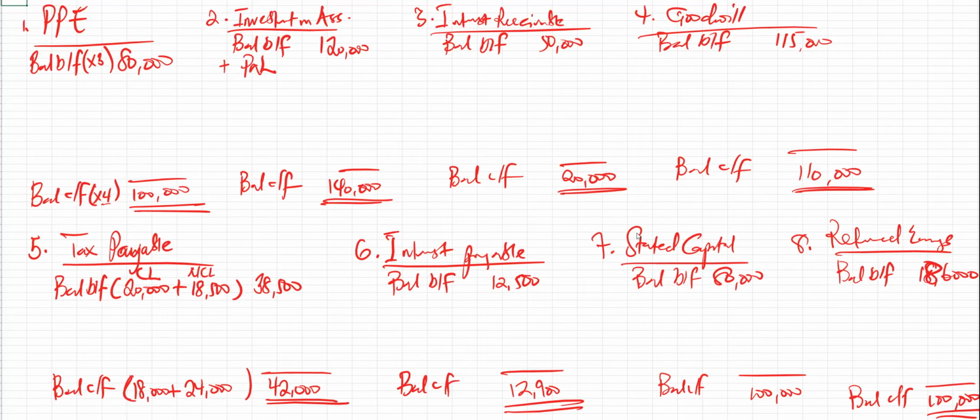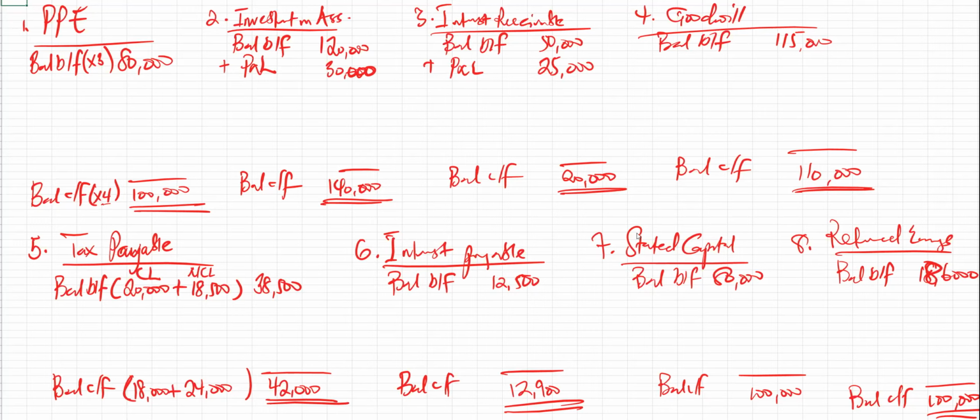How much is that? 30,000. Okay. Is there anything concerning interest income in the P&L? Yes, so how much was it? 25,000. Good.